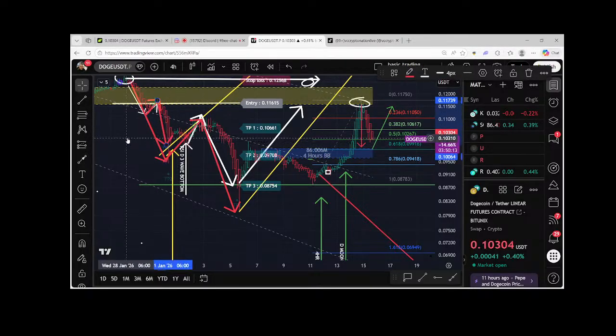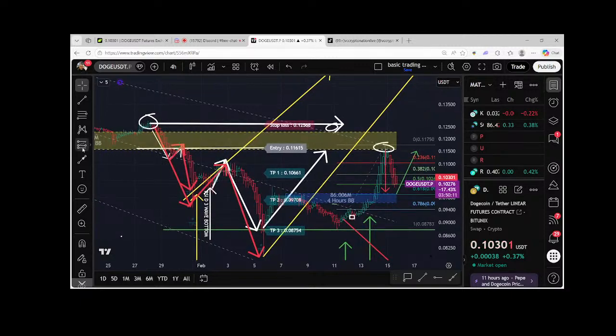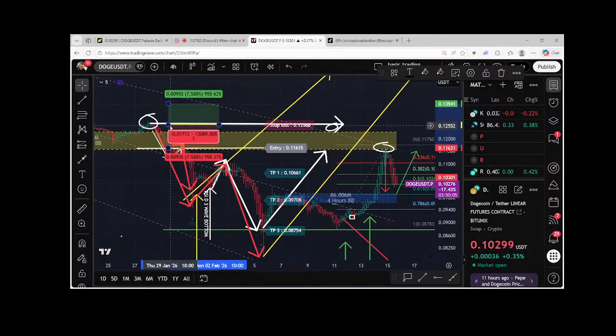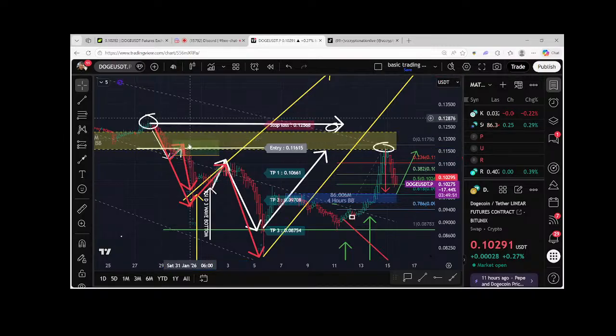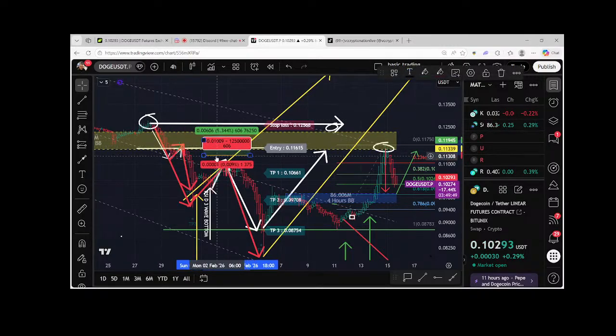But the problem is that in order for that to be a wave 2 bounce, right? The original short happens at this top level, and let's see the retracement here. So that ends up being about 11%, which means 5% right about there is the wave 2 action, which could fit there.